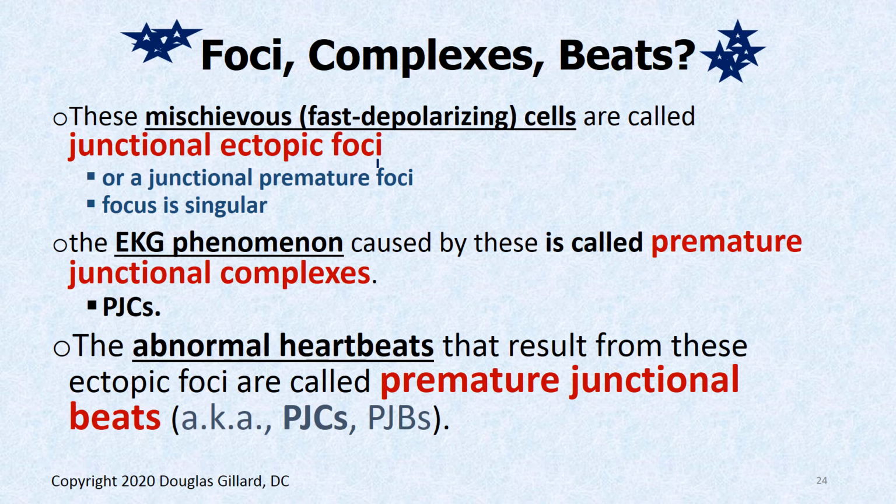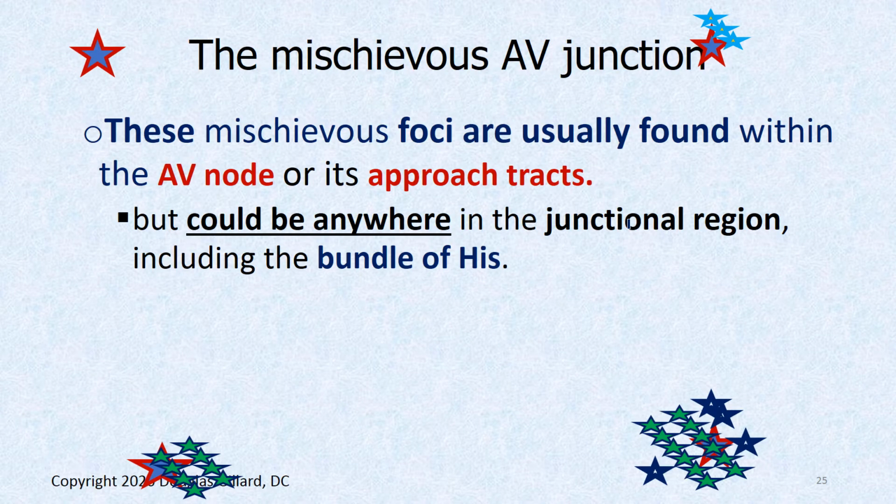The actual abnormally beating heart as a result of these ectopic foci is called premature junctional beats, or premature junctional contractions. PJCs is another abbreviation for that, so that gets confusing, right? Premature junctional complexes are the EKG phenomena, while PJCs can also be the actual physical beat. This is a good slide to make a note card on, and that will help you study this material.